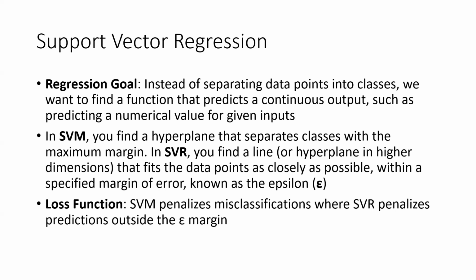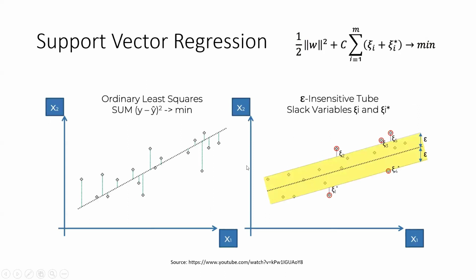Because in support vector regression, unlike ordinary least squares, where you are measuring the distances from all of the data points and trying to optimize this regression line, we are having a tube, right?